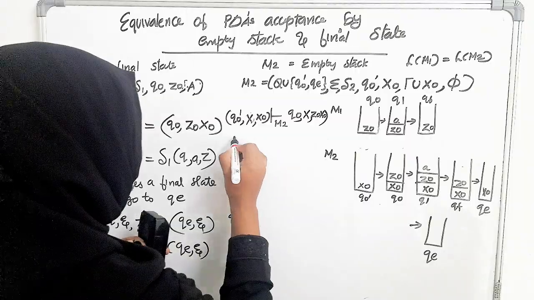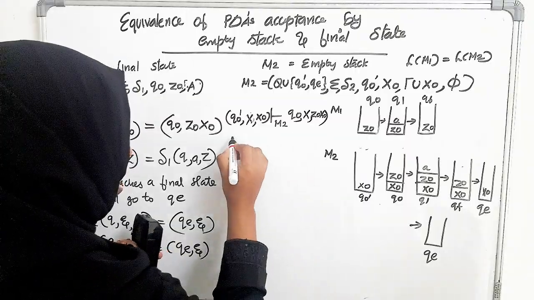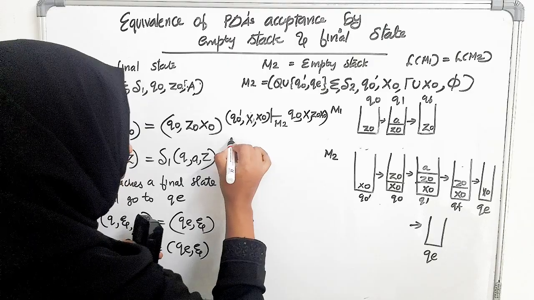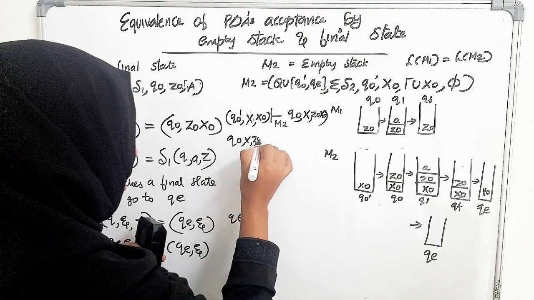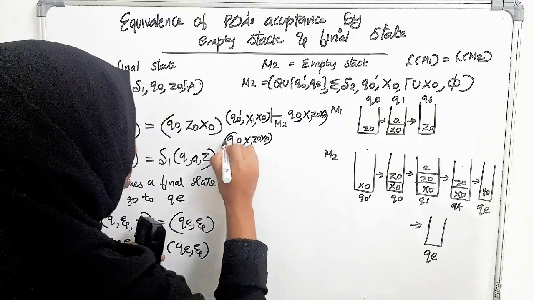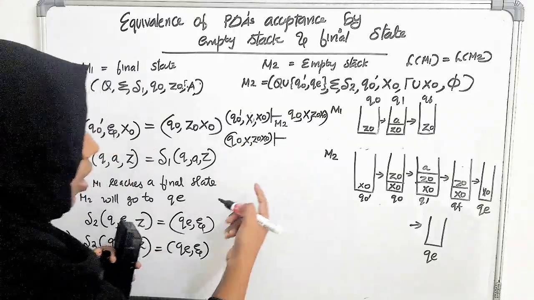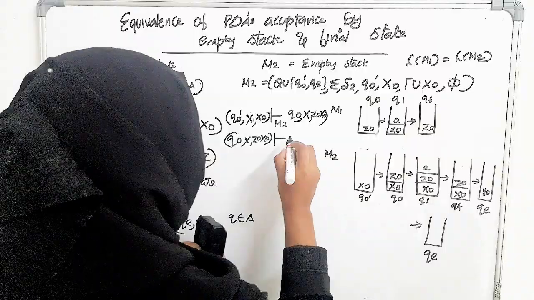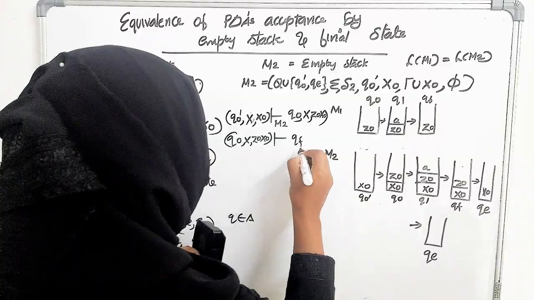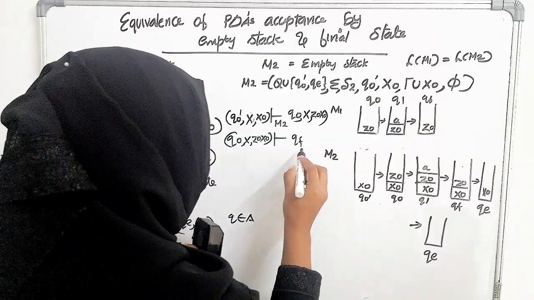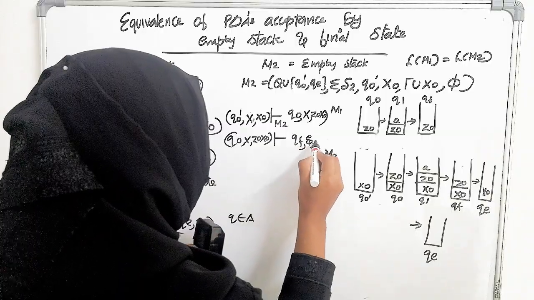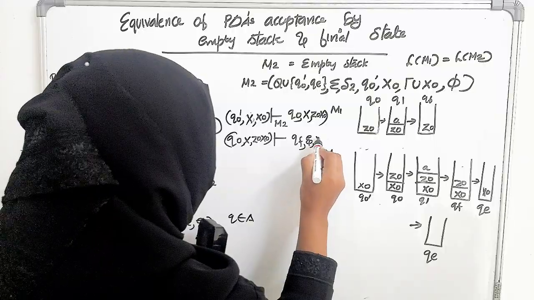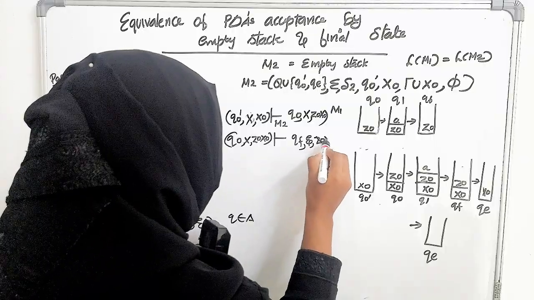Now from Q0 X Z0 X0, it will copy all the movements of M1 and finally reach the final state of M1, which is not a final state for M2. The input would have been completely consumed and the stack will simply hold Z0 X0.